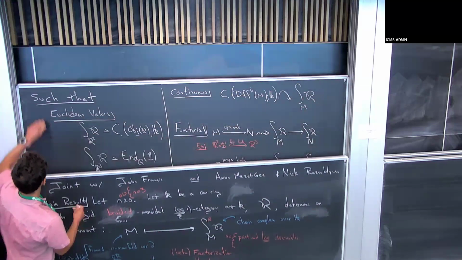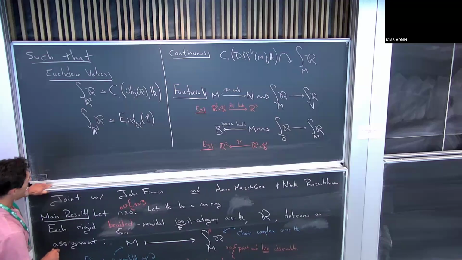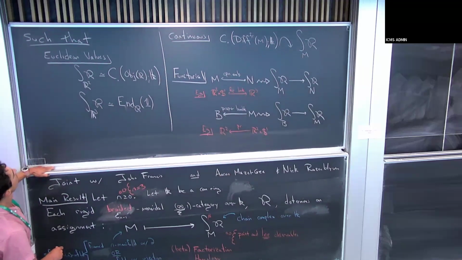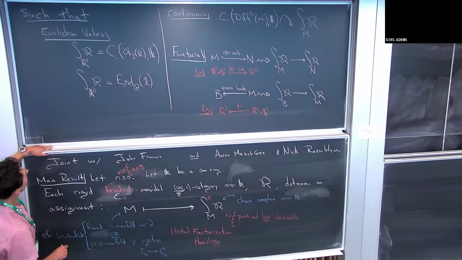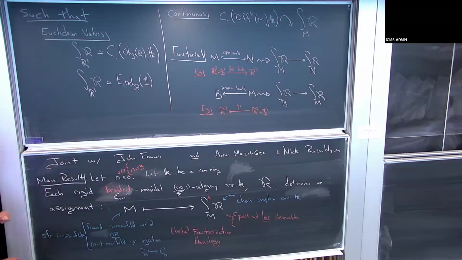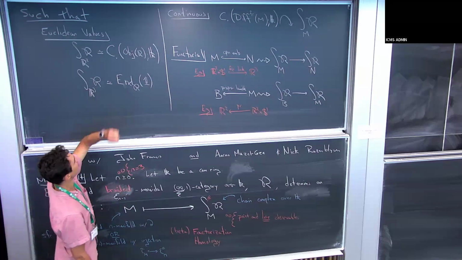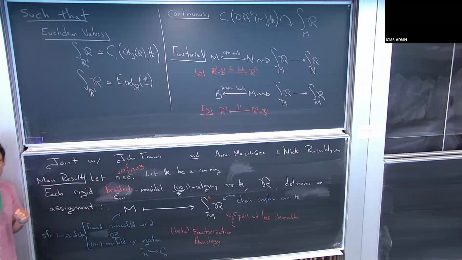I guess I'll do it this way. So here are some features of this assignment. One is that its values on Euclidean spaces are rather explicit. The value on R2, which is a surface, is chains on the moduli space of objects.